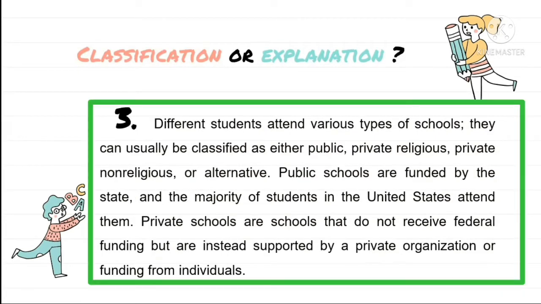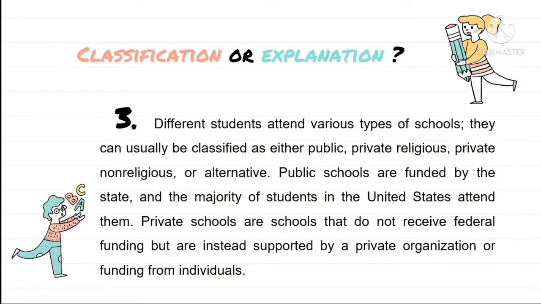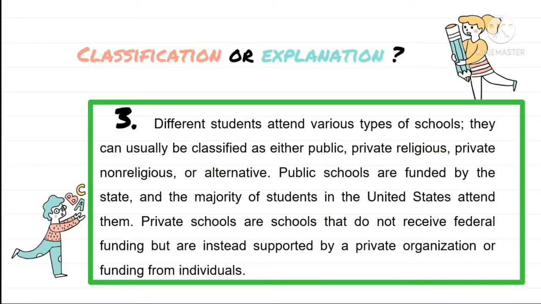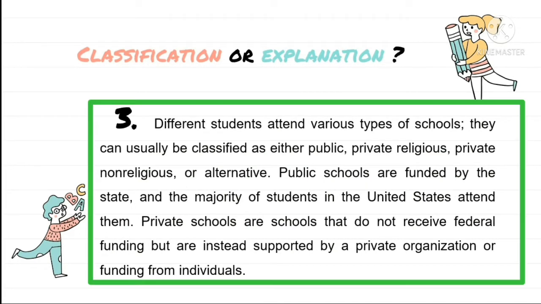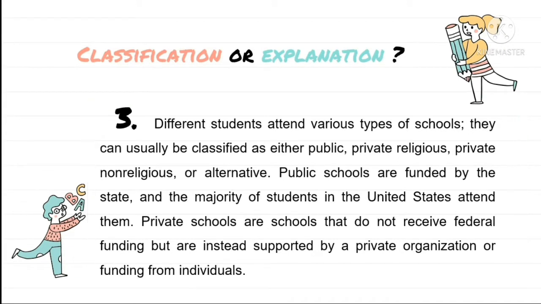Number 3, different students attend various types of schools. They can usually be classified as either public, private religious, private non-religious, or alternative. Public schools are funded by the state, and the majority of students in the United States attend them.